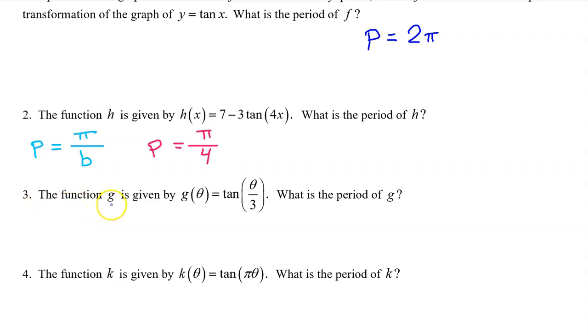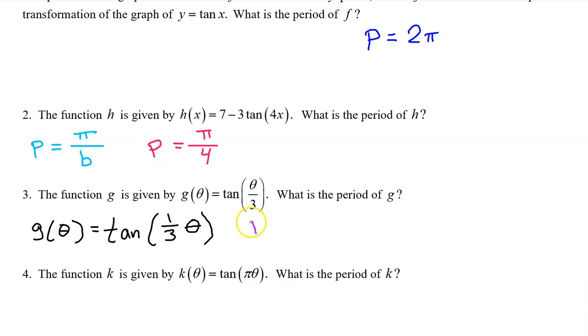Number 3. The function g is given by g of theta equals the tangent of theta divided by 3. What is the period of g? Let's do a small rewrite. Theta divided by 3 is the same as 1/3 times theta. So this way we can easily see that the b value is 1/3.